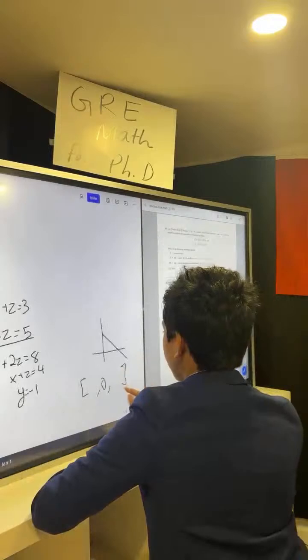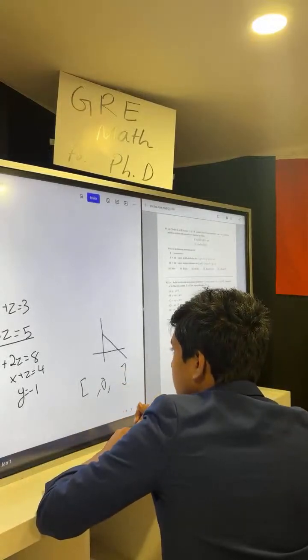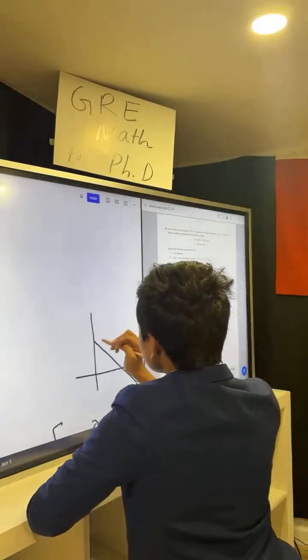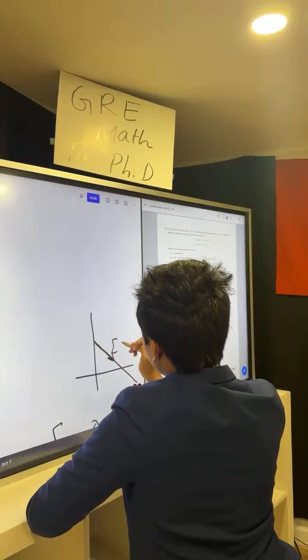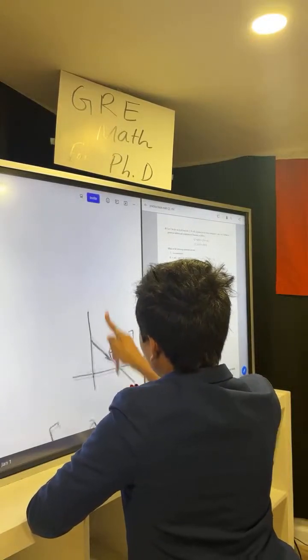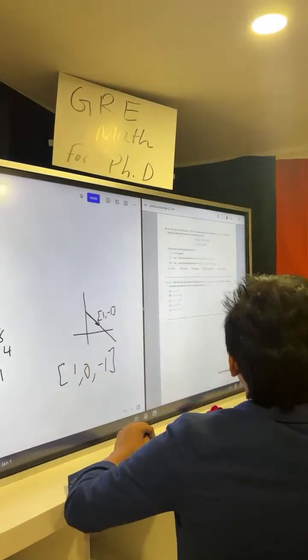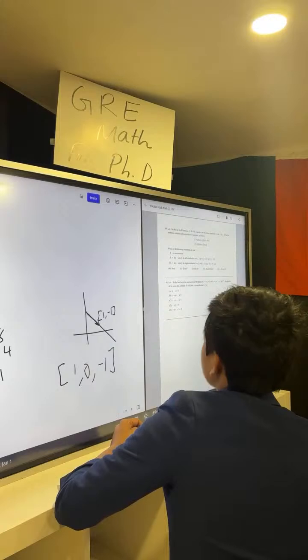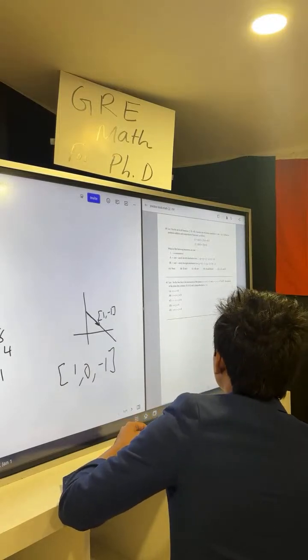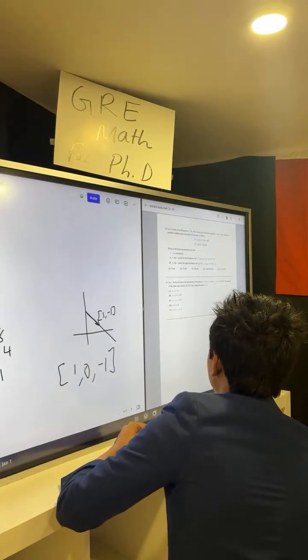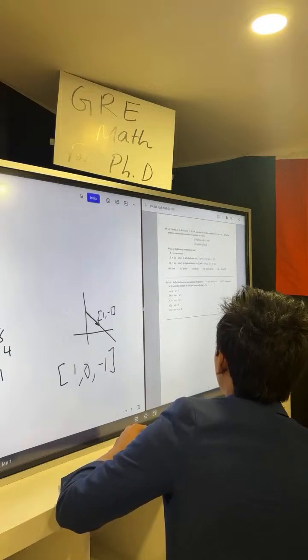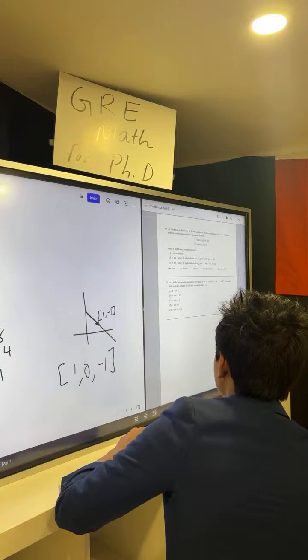So it's just going to be like 1, -1. Then we want a plane that contains 0, 0, 0 and is perpendicular to L. I forgot how to do that.